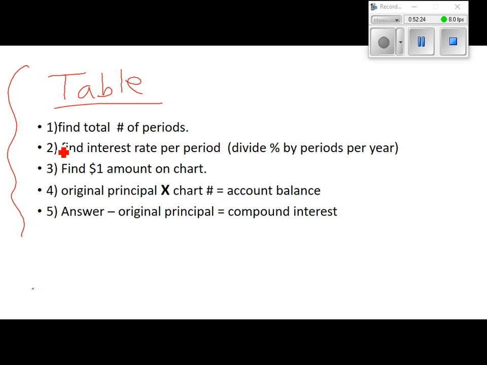Think about it, if you don't have a calculator that day, then you can use the chart. If you walked into a bank today and said, I want to put $2,000 in this account, but I want it to have this much by the end of a certain amount of time, the person you're talking to will probably have something like this taped to the wall, and they'll use the chart to look up how much interest you would draw.